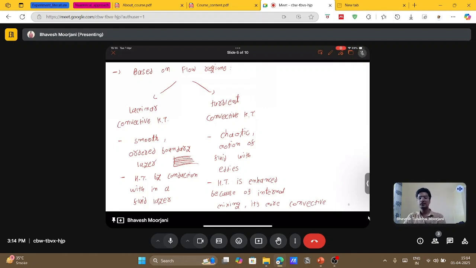If I want to differentiate convective heat transfer based on flow regime, we can differentiate into laminar convective heat transfer or turbulent convective heat transfer.